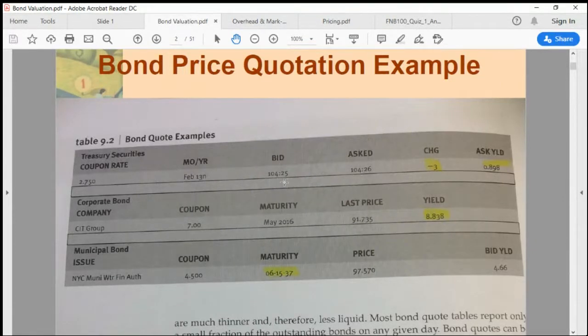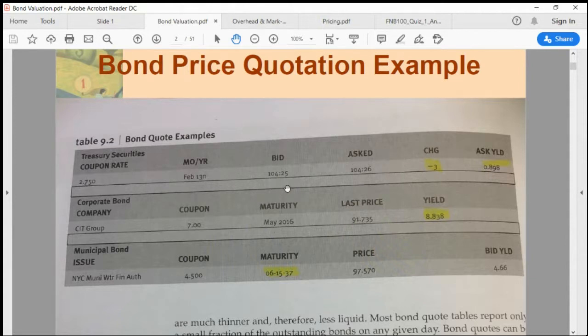Why do they use a colon, right? That colon is part of a weird system that only the Treasury uses for its Treasury securities.